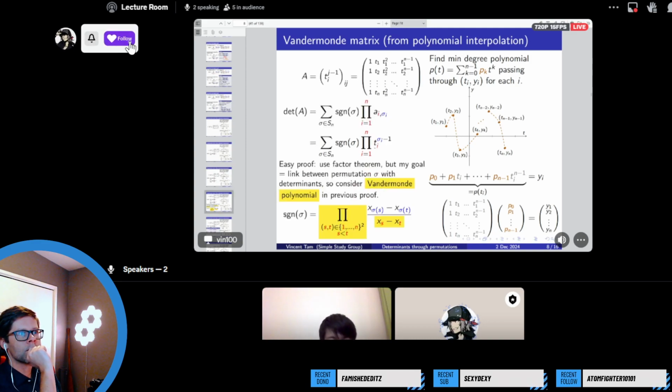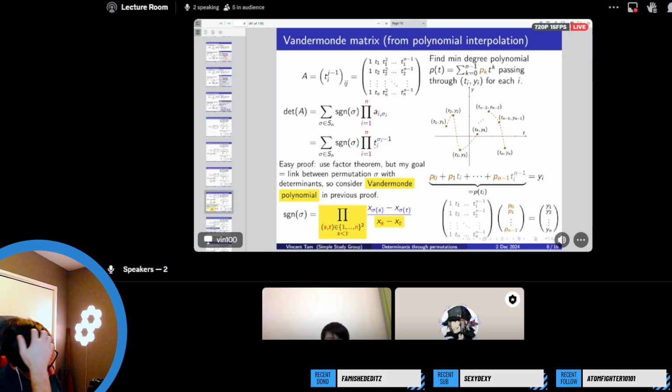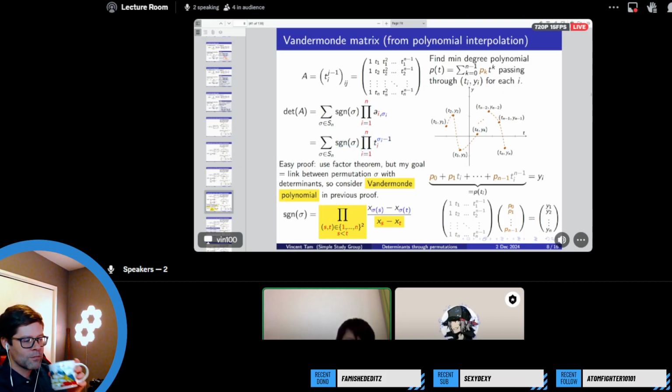Of course, there's an easy proof, that is to use the factor theorem, use the fact that the determinant function is multilinear, etc., and that will give a pretty easy proof. But I really want to show you how we can apply this definition to get the classic result.